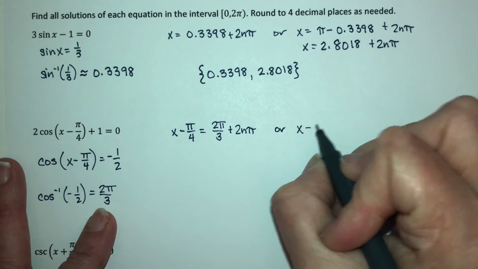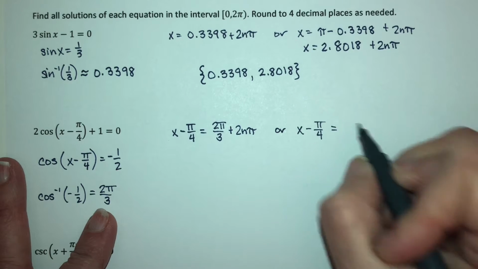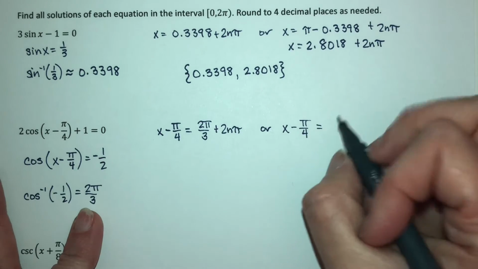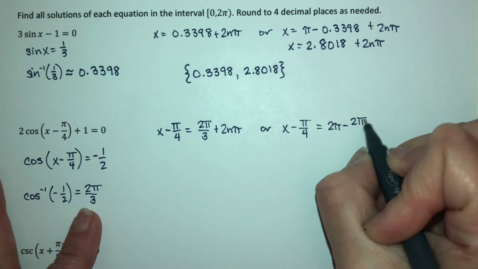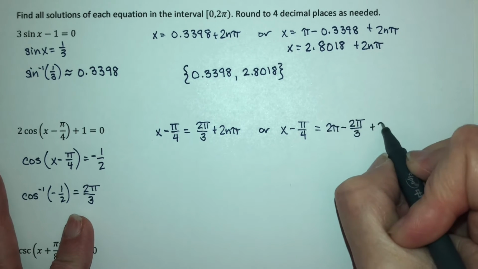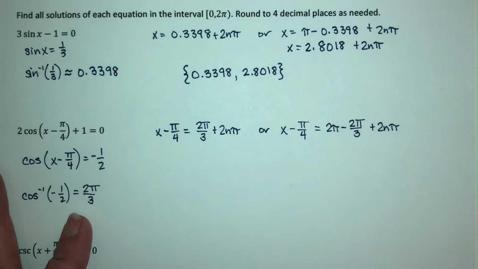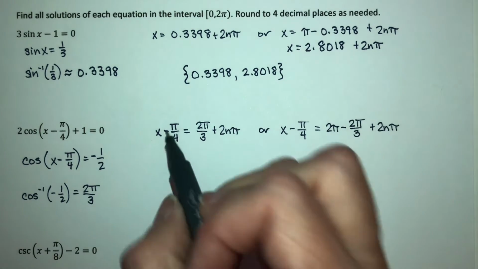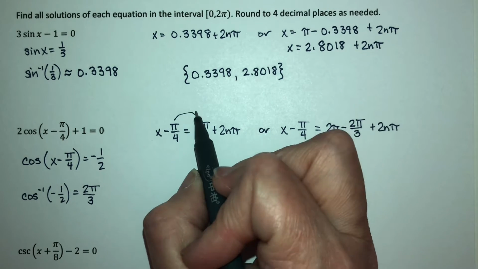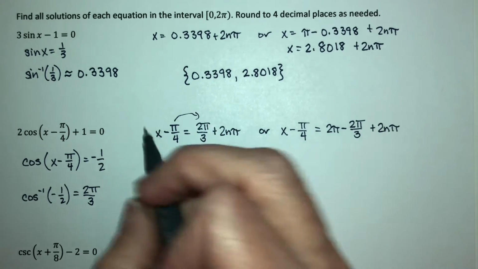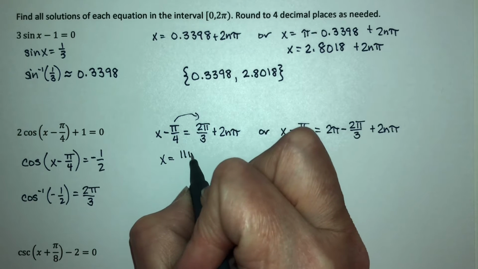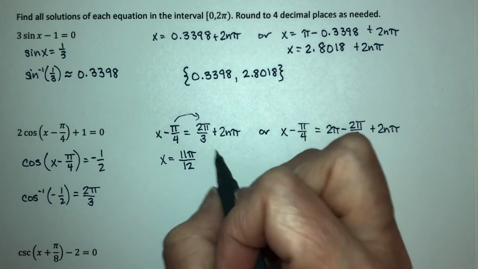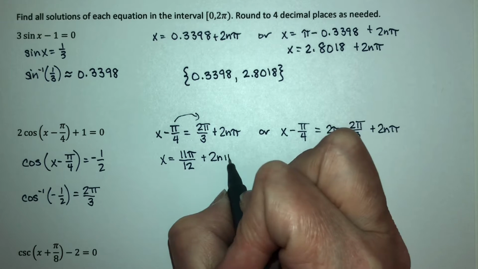Or x minus pi over 4 is equal to, since this is cosine, we do 2 pi minus our alpha, which is 2 pi over 3, and then we're going to add 2n pi to that. Okay, so we want just x, so add pi over 4 to here. We're going to need to get a common denominator and combine, and you get 11 pi over 12 plus 2n pi.